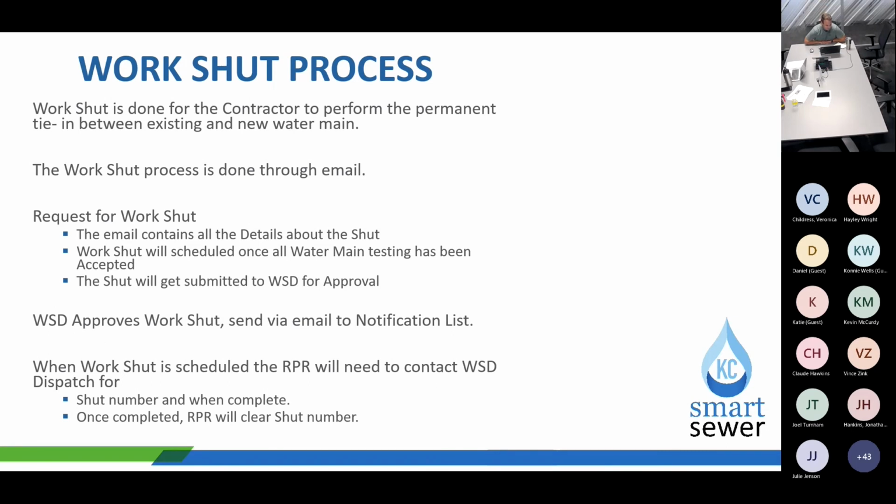All right. So for work shut, this is a similar process as the test shut. You operate those valves. You have the hydrant go down. This is scheduling for the contractor to actually do a permanent tie-in, a permanent shut, and getting that notification out there after the approvals have been made to get that work done.